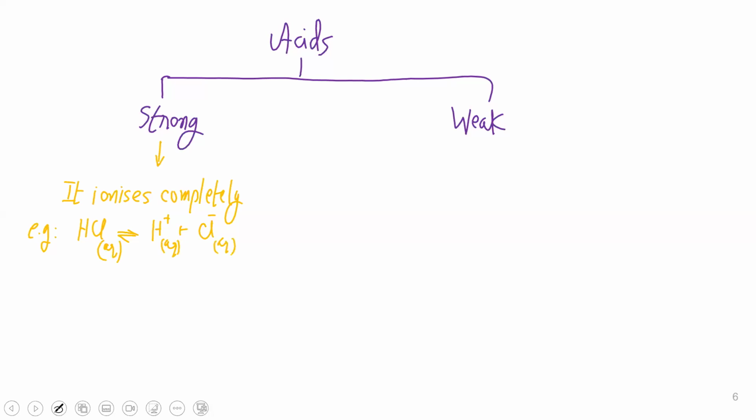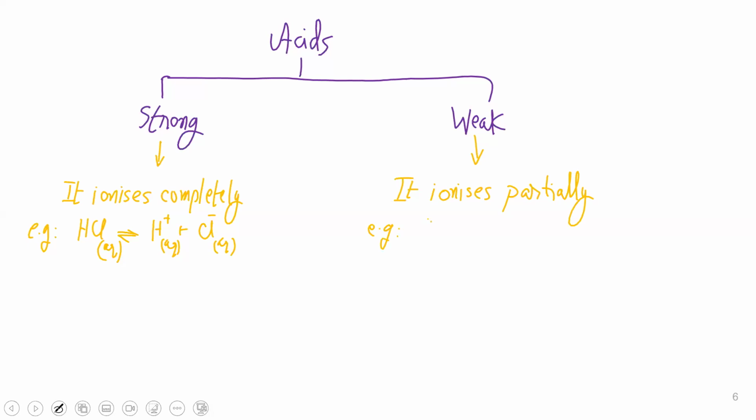Let's put our third concept. Acids are classified into two main branches: strong acids and weak acids. Strong acids are those which ionize completely, and weak acids are those which ionize partially.